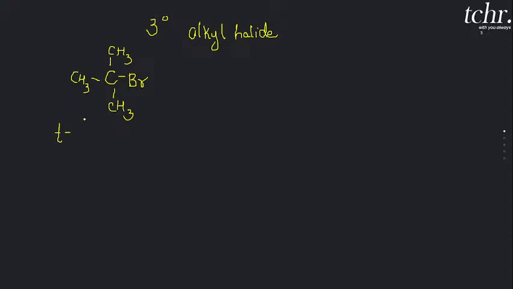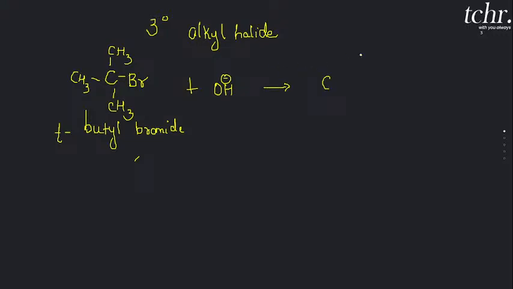So here I have taken tertiary butyl bromide. You treat this with any nucleophile, for example, nucleophile OH minus. What happens? Here, Br minus, the bromide ion, is the leaving group. So just a simple substitution reaction happens here.